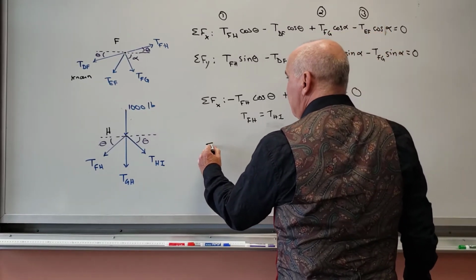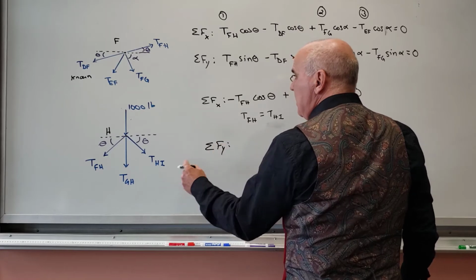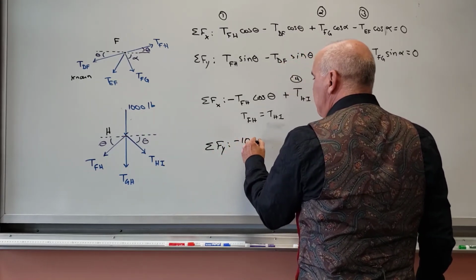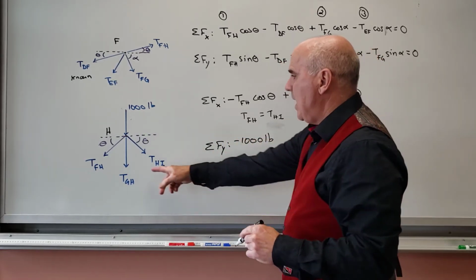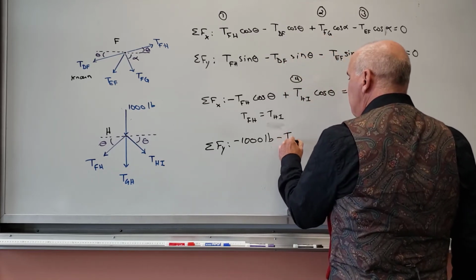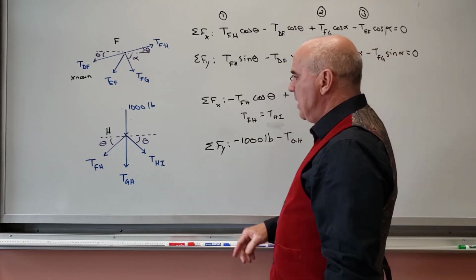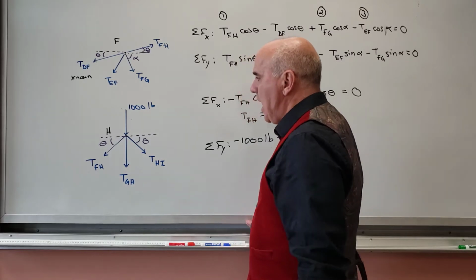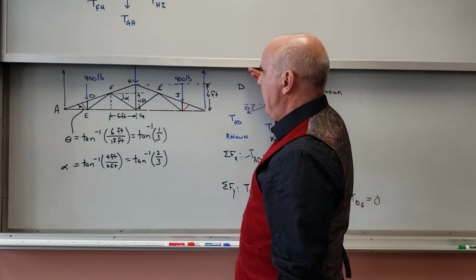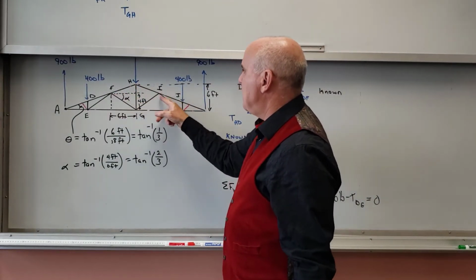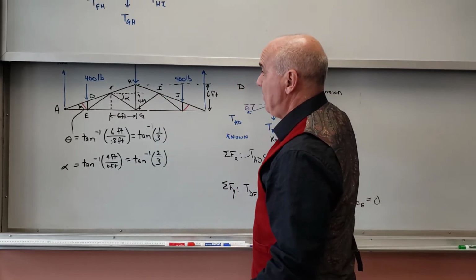But if I do the sum of the forces in the Y, I've got 1,000 pounds down, and then I have TGH down, and then I have TFH and THI. Again, symmetry says they're the same.